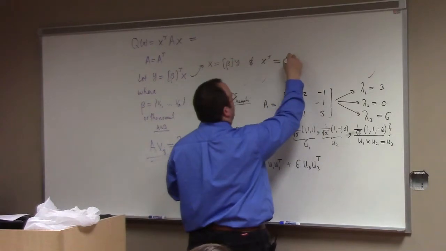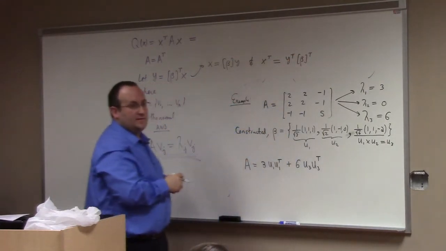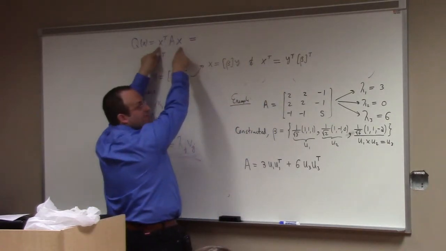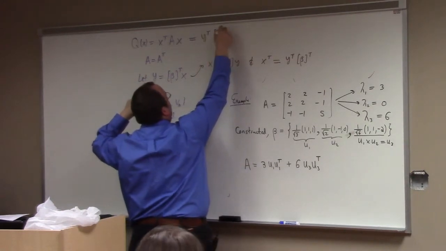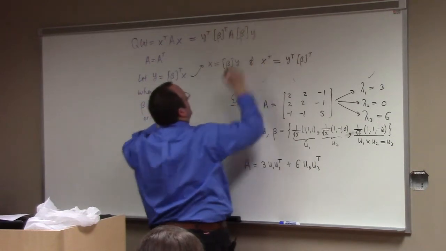Looks like y transpose beta transpose, yeah? Okay, so take these, plug them in up here. What happens? We get y transpose beta transpose A beta y.